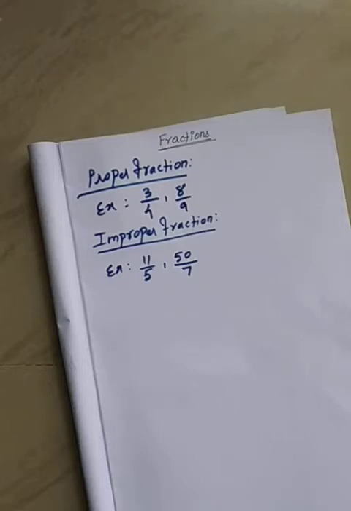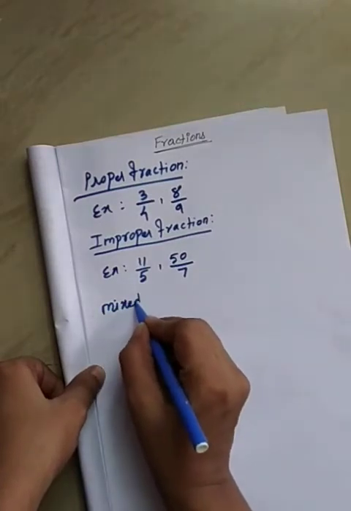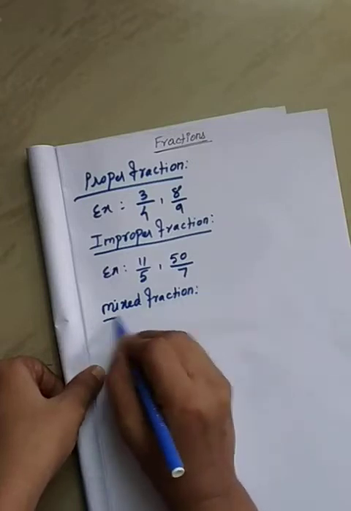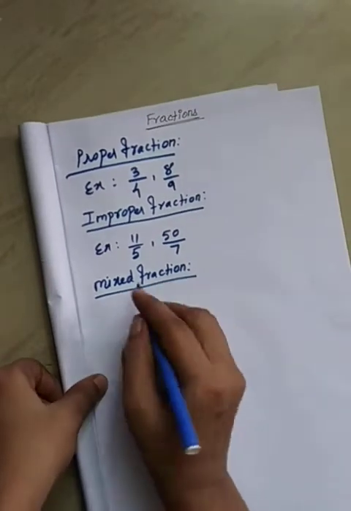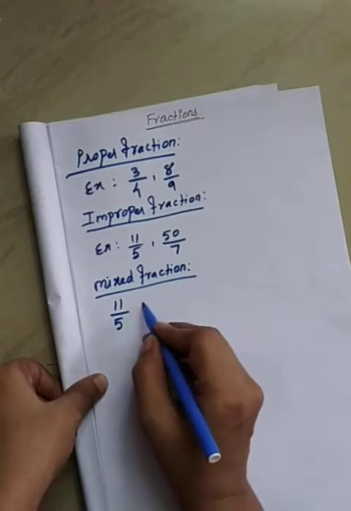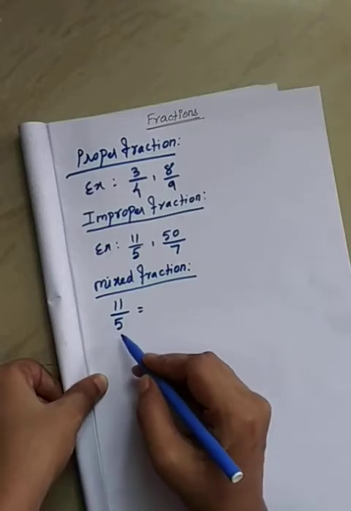What is the mixed fraction? See one example. Suppose you have to take the improper fraction 11 by 5.